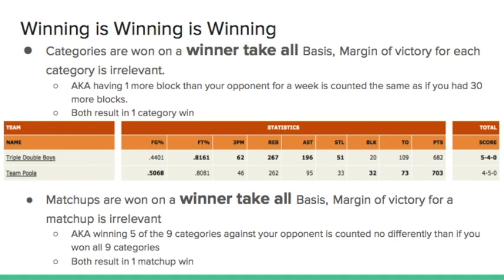That would be enough to win the matchup, even though you might have lost the field goal percentage category by 20%. If you win the majority, which is 5 out of the 9 categories, it's a winner take all basis. So you would win that week.